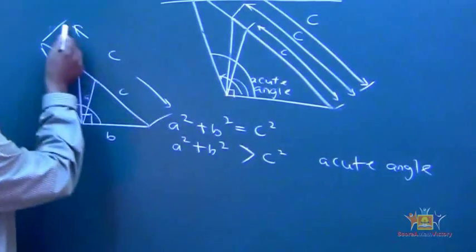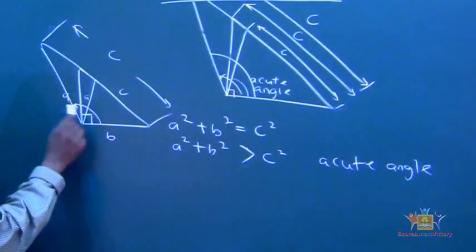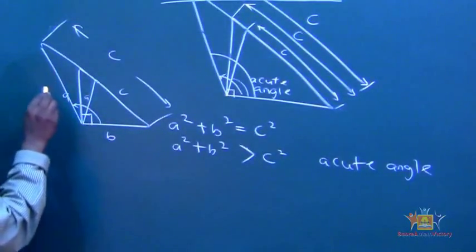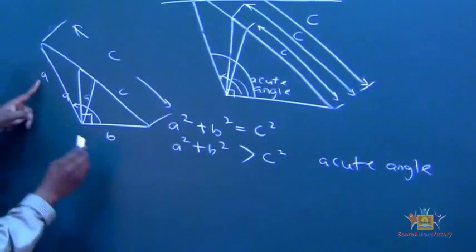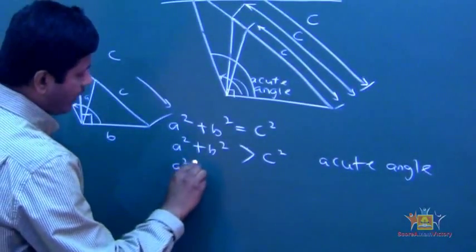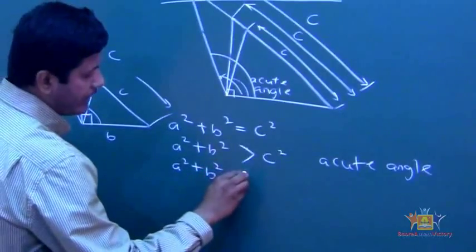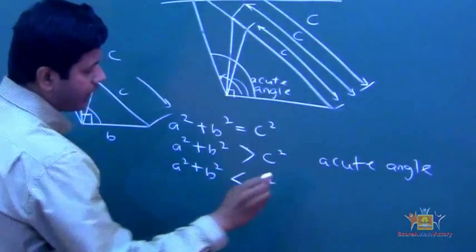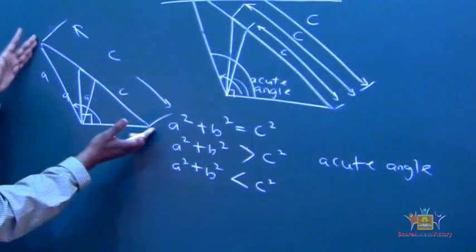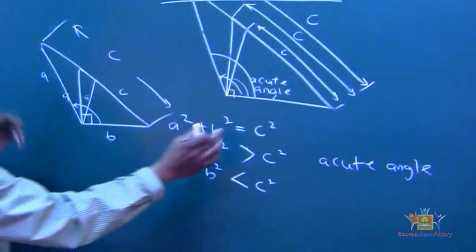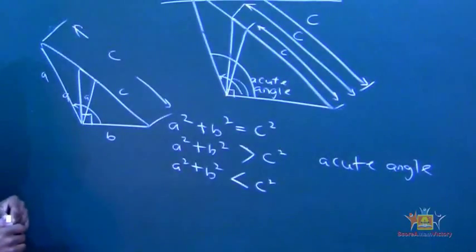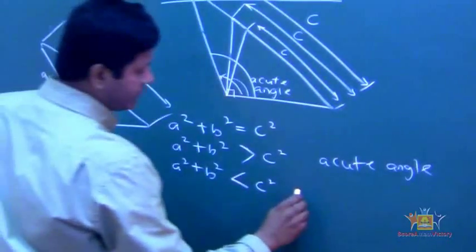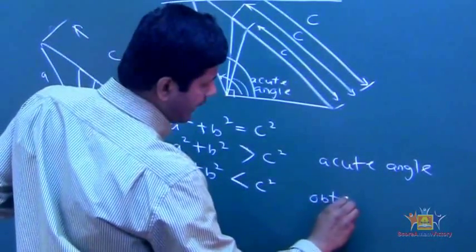So when it's obtuse, this is A and this is B, and A squared plus B squared is smaller than C squared. Look at that, C squared got greater. C became greater, from equal to now greater, and that makes it an obtuse angle.